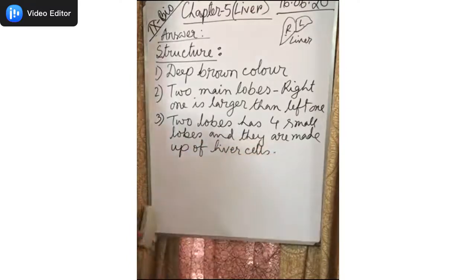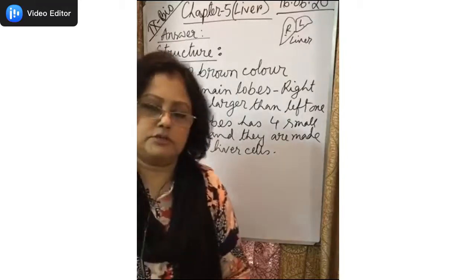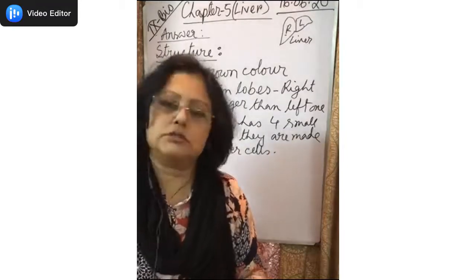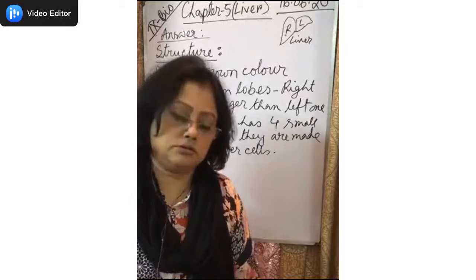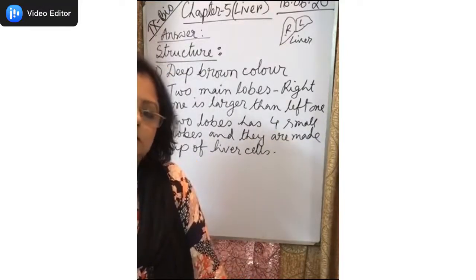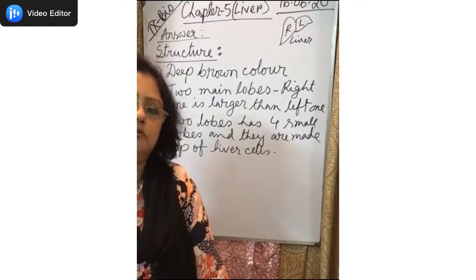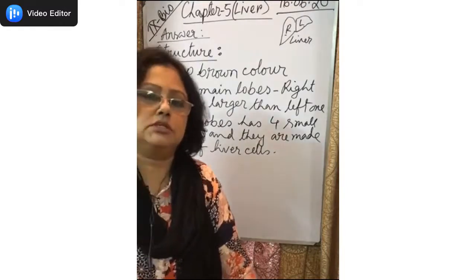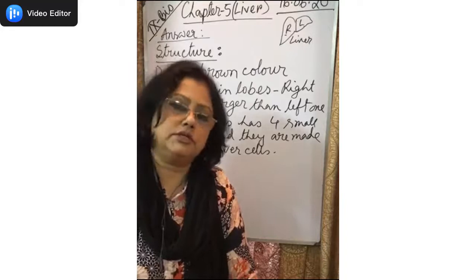Okay, and they are made up of liver cells. The liver looks brown, a deep brown. It has 2 lobes, and those 2 lobes are divided into 4 more lobes, and each of the lobes is made up of different liver cells.